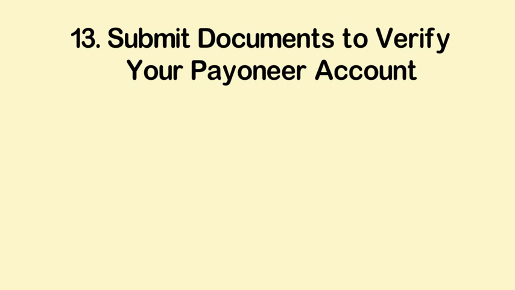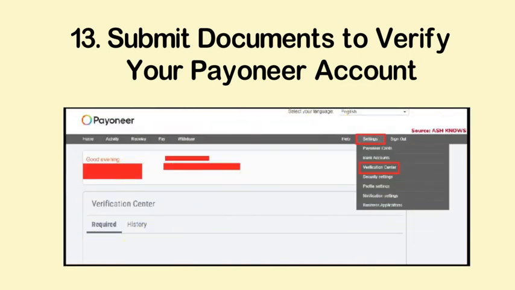Basically, sign into your Payoneer account using your email and password. Go to settings and then verification center. Here you will see a message to submit the required documents. Take high resolution photos of all the documents required by Payoneer and then upload them. Click the submit button once you have uploaded all the documents.